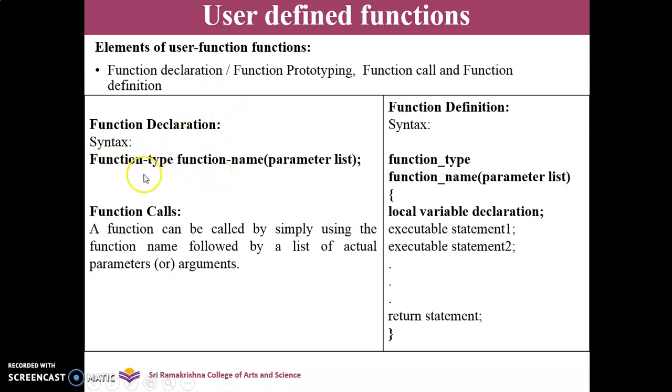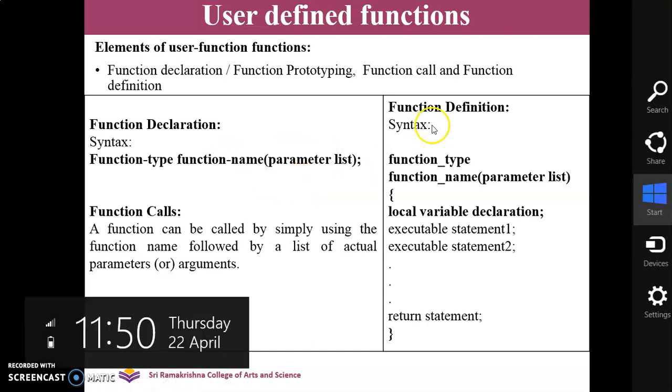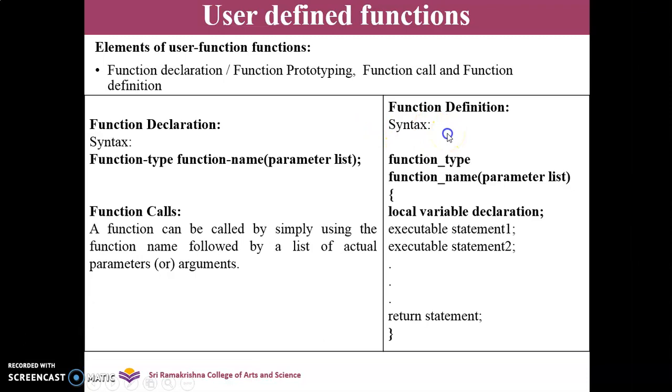This is the syntax for declaring a function: we give the function type and function name, and within the brackets we give our list of parameters.